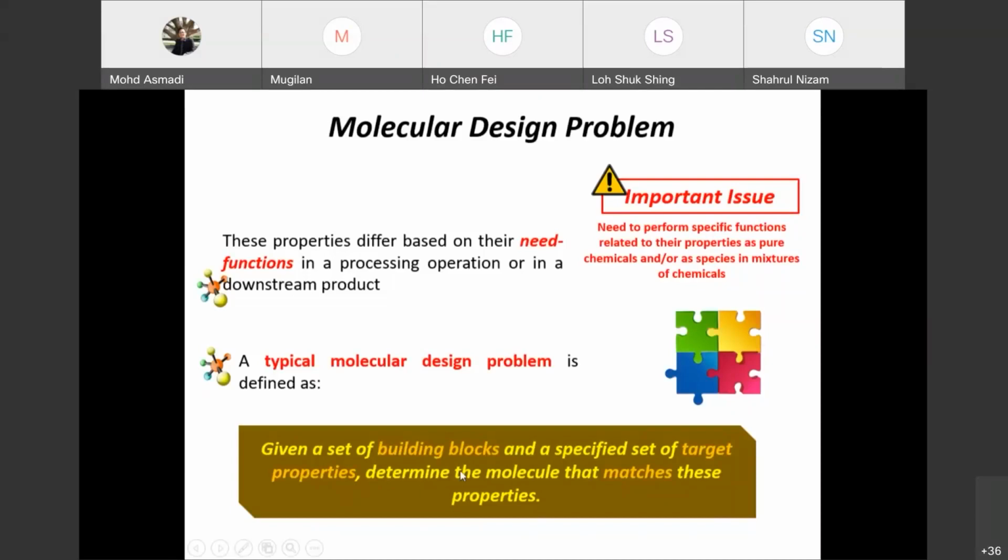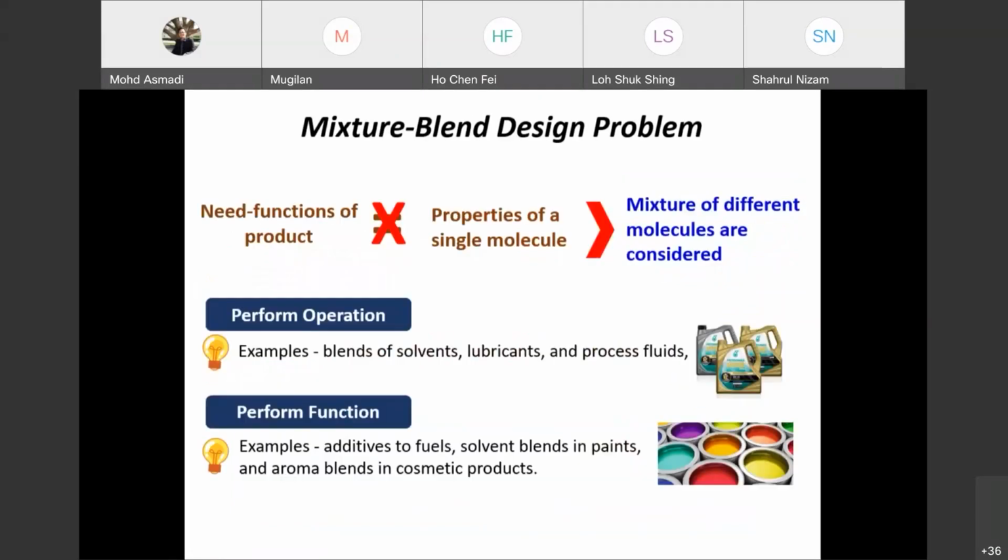Okay. So if you look at here, generally for the molecular design problem, when we deal with a mixture blend, when the need function of the product cannot be matched with the properties of single molecules, we have to consider mixtures of different molecules.